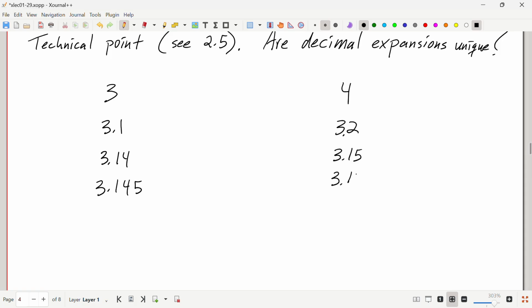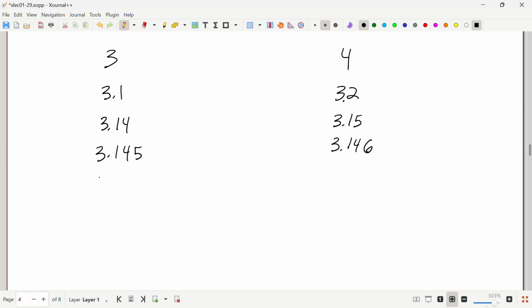Less than 3.146. 3.1459. This is pi. Anyway, etc.